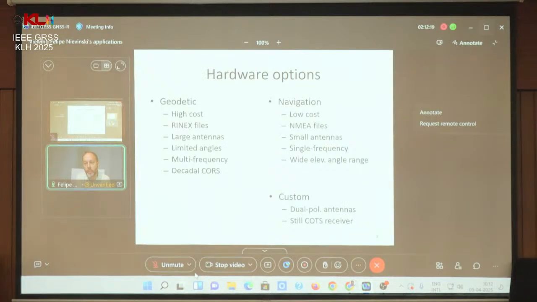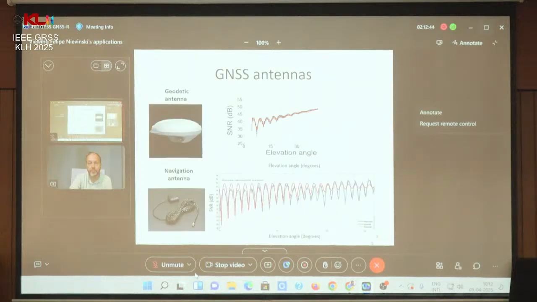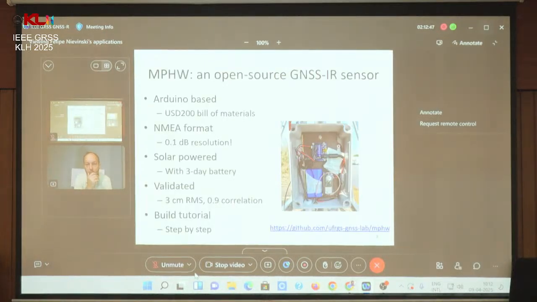And I mentioned here custom type. Sometimes you have dual polarization antennas, each output port connected to a different receiver. And the receivers tend to be commercial off-the-shelf units, so it's again minimum cost receivers, not only the antennas. This is one that we put together a couple of years ago. It's available on GitHub. You have the bill of materials totaling $200.